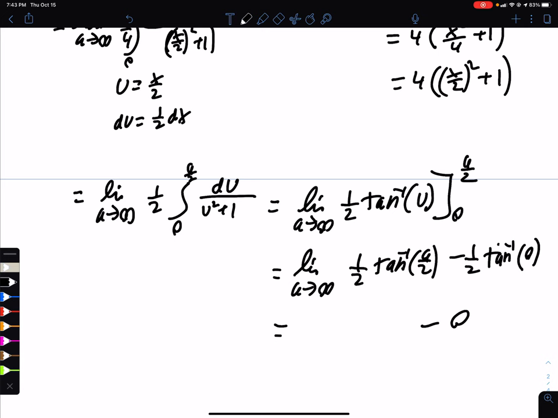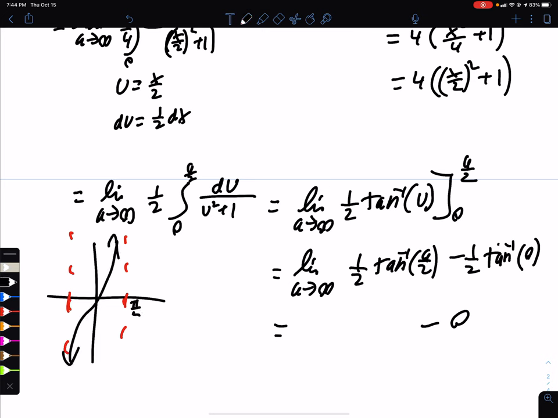Okay, here's where it gets fun. Put infinity. What angle has a tangent of infinity? Golly gee willikers, do you know what your tangent function looks like? It looks like that, and this is pi over 2 and negative pi over 2.